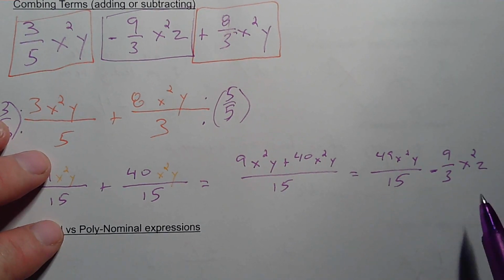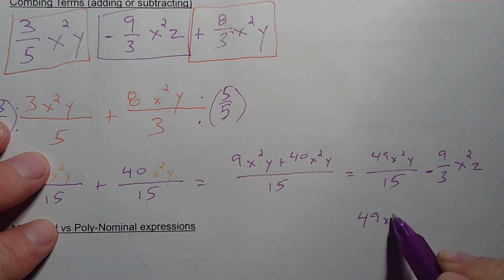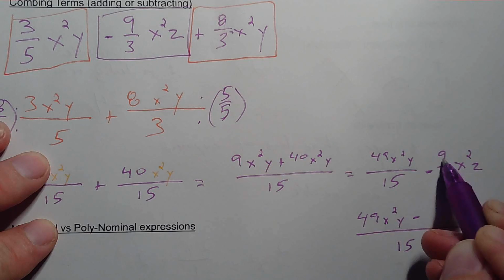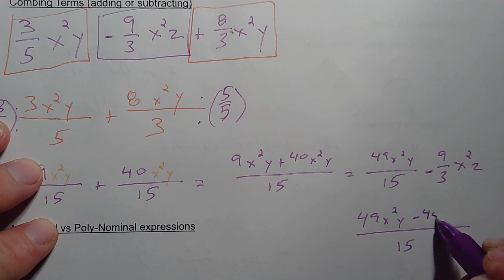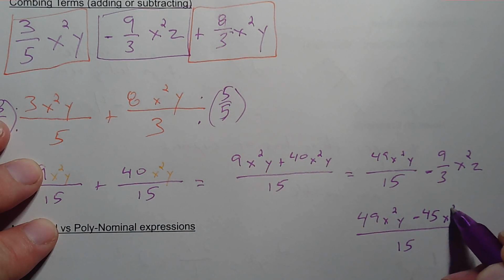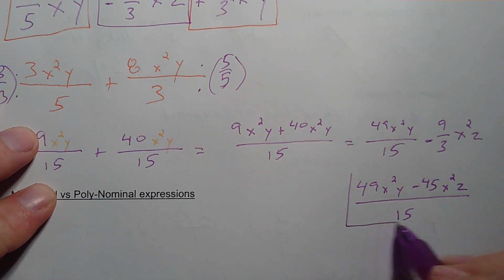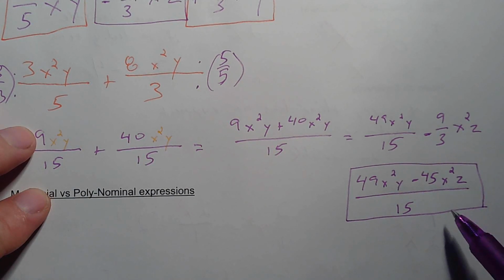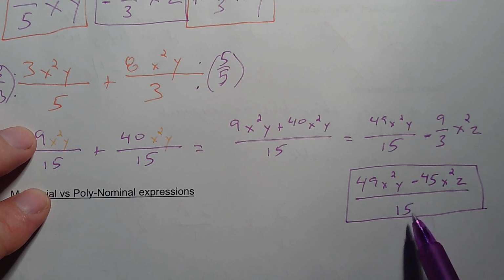So if you wanted to, you would multiply it by 5, so you get 49x squared y over 15 minus 45 (9 times 5 is 45) x squared z, right? So that would be the cleanest way to show it, but this is not wrong, right? This is just cleaner, I guess, because it has a consistent denominator.